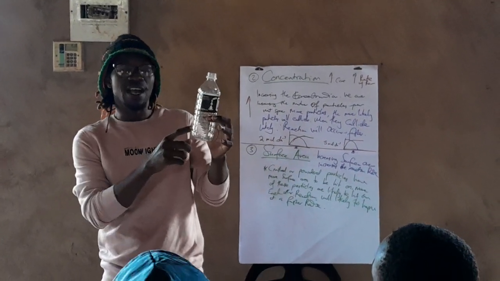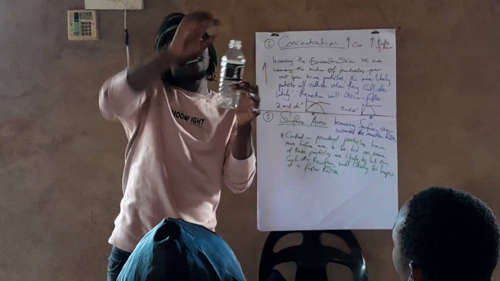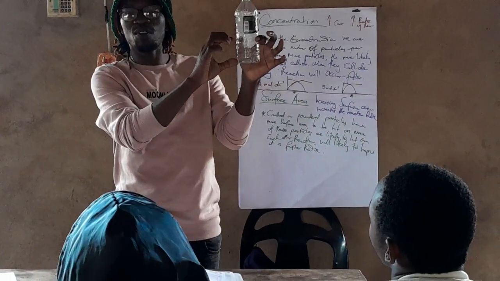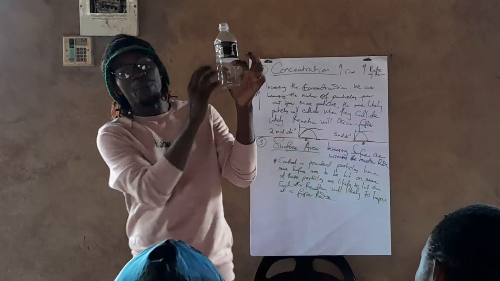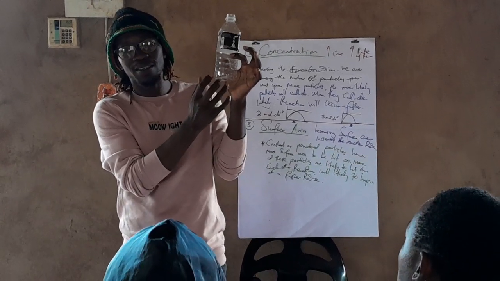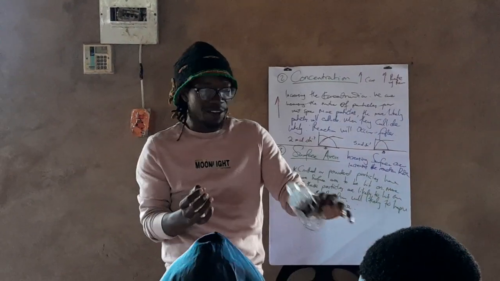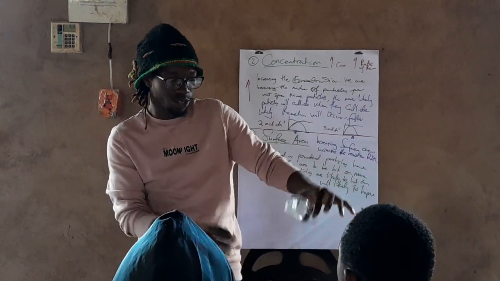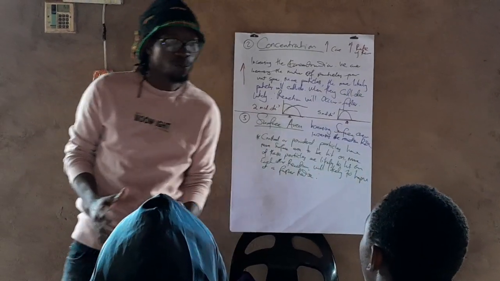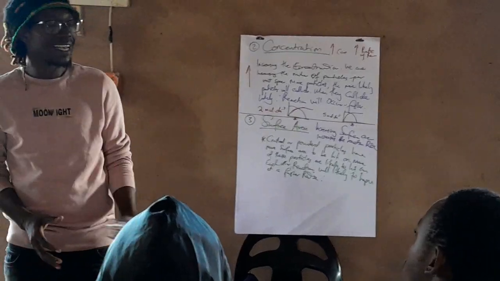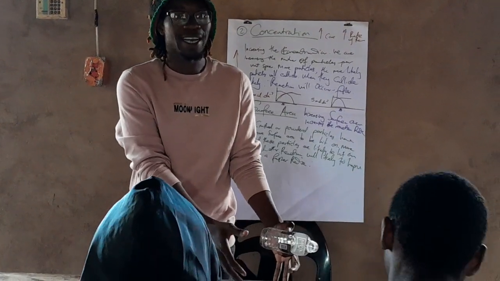Of Oros, right? But if I add more, there will be more particles of Oros, right? And if there are more particles of Oros, what is happening? It turns sweeter, right? So even if I pour more Oros down here, there are more particles of Oros, and they can react with anything at a faster rate.